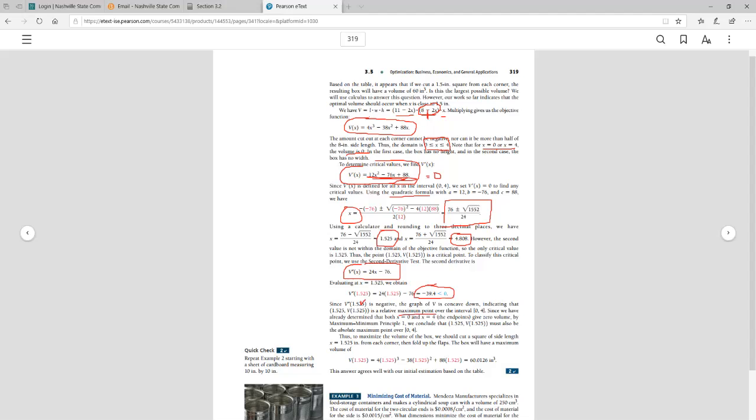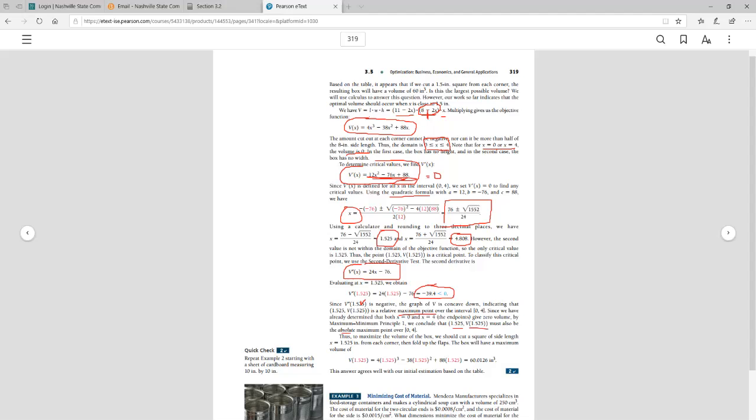Okay, let's see what the author says at this point. Since we have already determined that both x is 0 and x is equal to 4 give 0 volume, then we can conclude that v of 1.525 must be an absolute minimum.